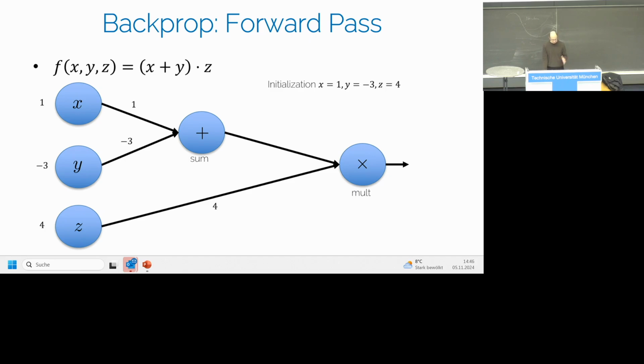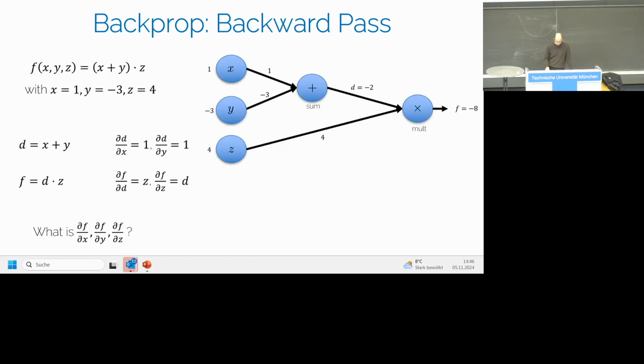And then we can process layer by layer. 1 minus 3 gives minus 2. And then 4 for z, and the multiplication of this gives us minus 8. And so this is how we can evaluate this expression. And obviously, any more complicated expression can be evaluated with a similar graph.